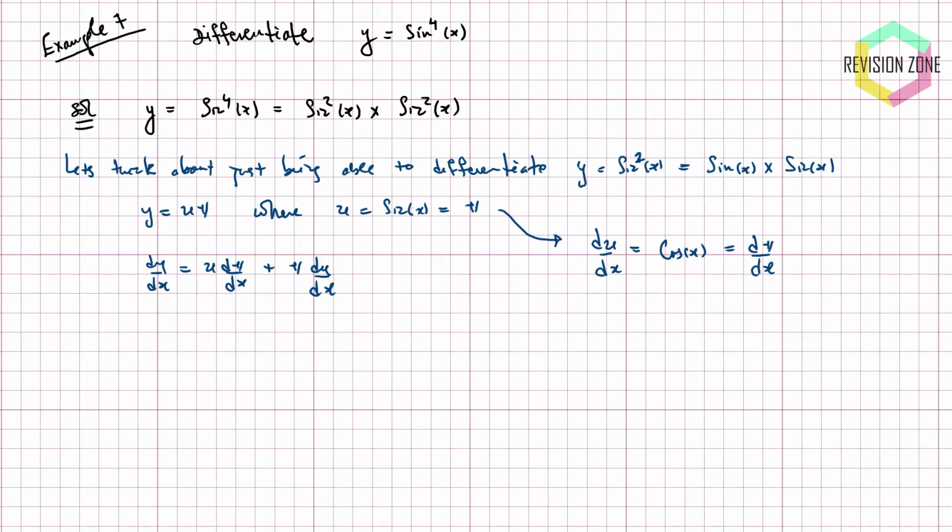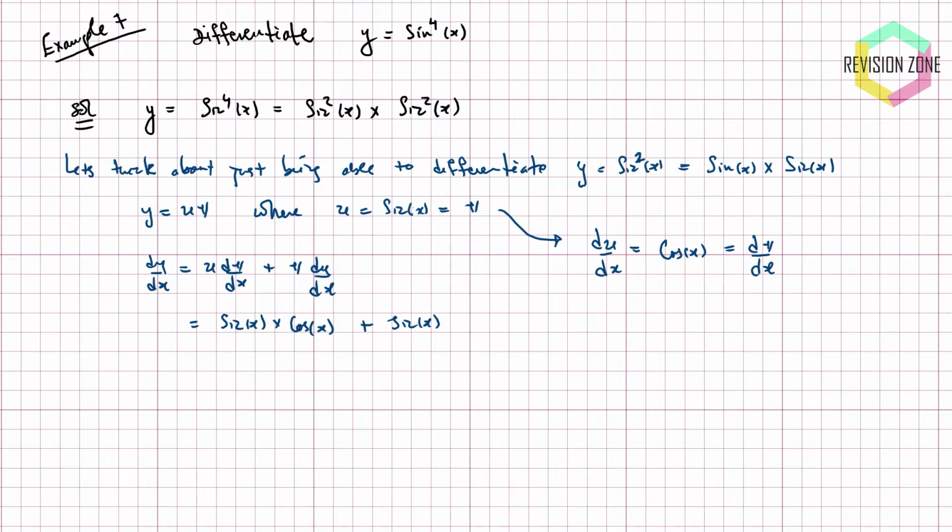So my u is, of course, quite clearly written here. It's sine x. So I write that down. My dv by dx, well, it's here, so that's cos x, so I write that down, multiplied by cos x. Then we have the add, then we have v, so my v is again just here, which is sine x again, and my du by dx is obviously here, so I write down the cos x again.